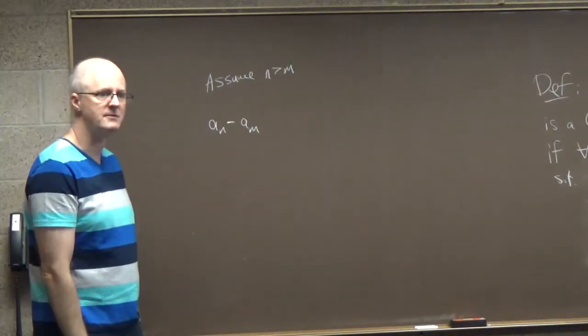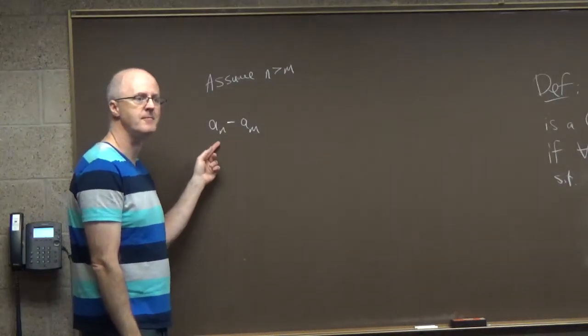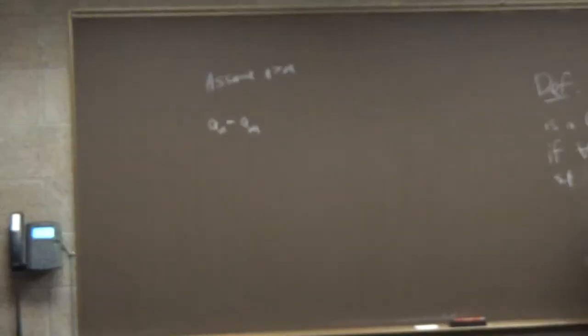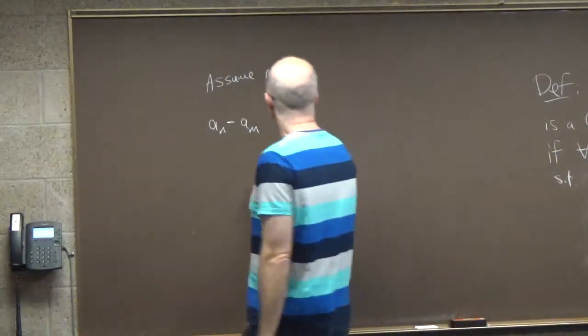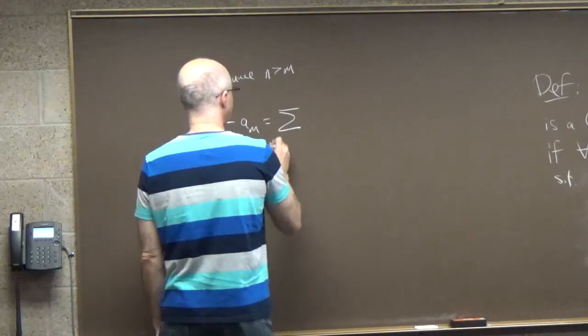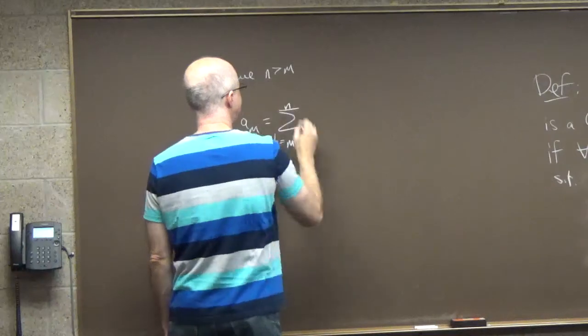Let's not worry about absolute values. This would be positive if n is bigger than m, because I keep adding positive terms over here. That can be thought of as a summation. If you think about it carefully, k goes from m plus 1 to n.